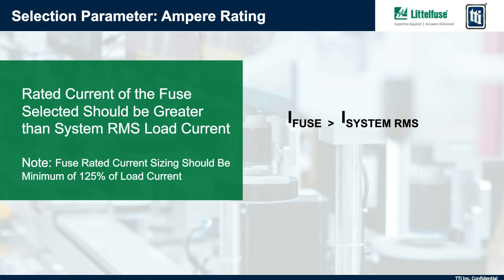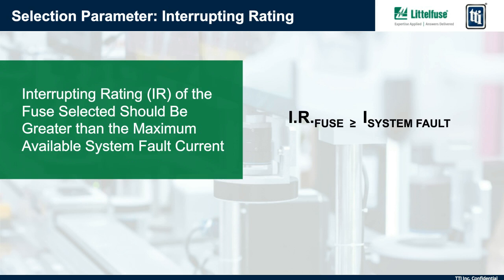Interrupt rating. The interrupt rating of the fuse selected should be greater than the max available system fault current. The max available system fault current is often known or can be estimated. For example, if you have a fuse in a power converter or a motor drive in a factory, the available system fault current at that location of the fuse has many things impacting it.